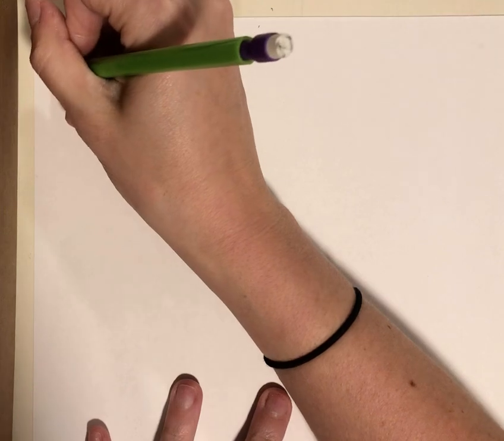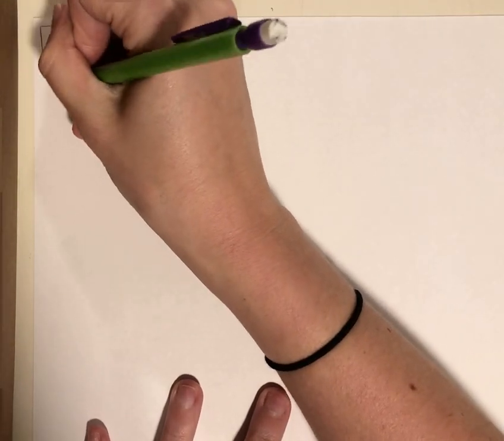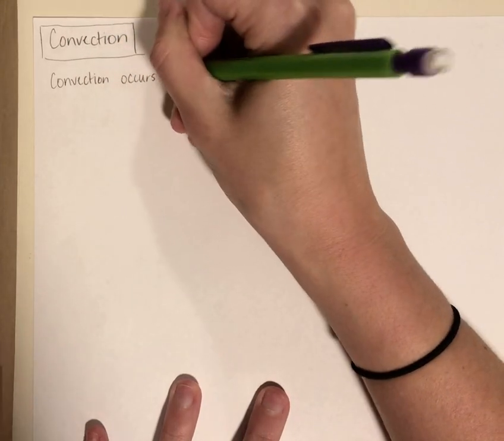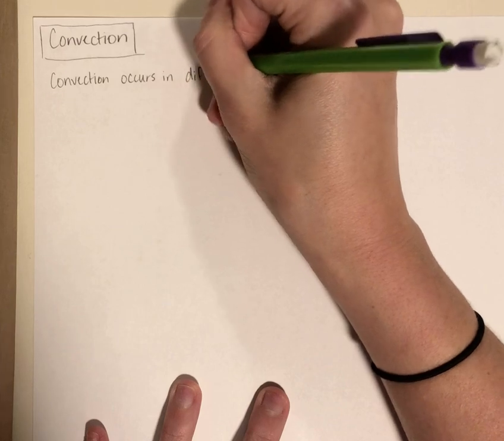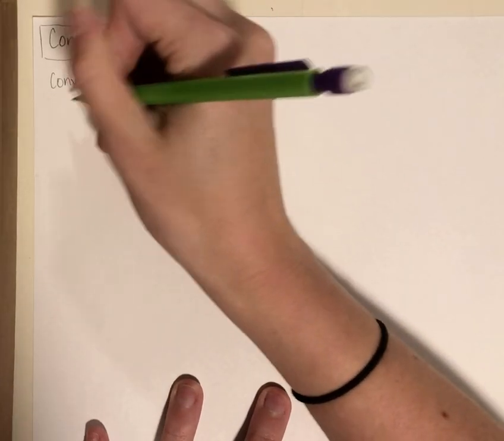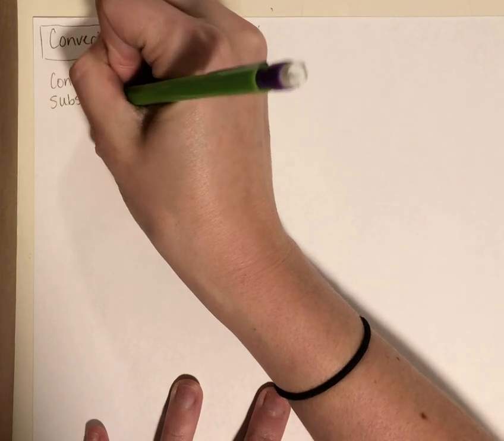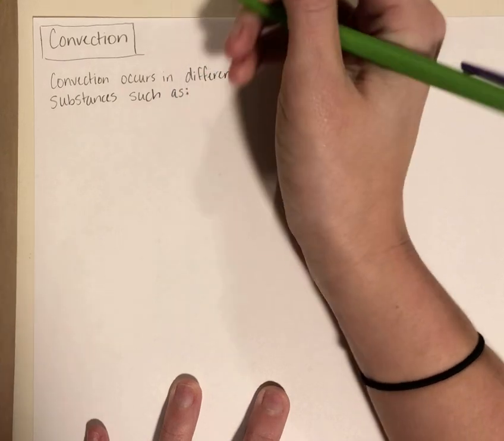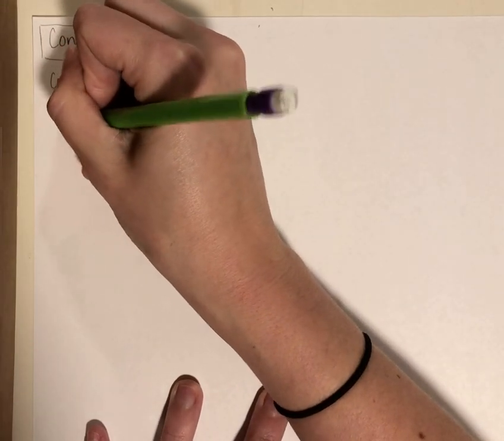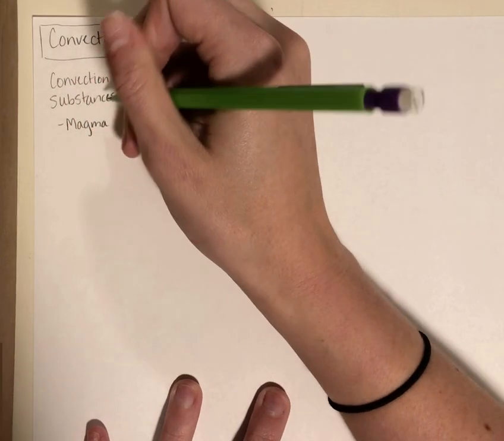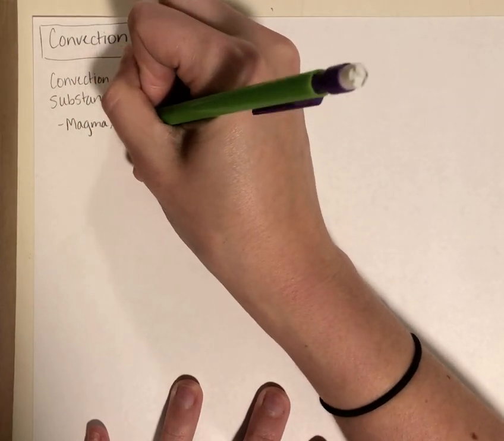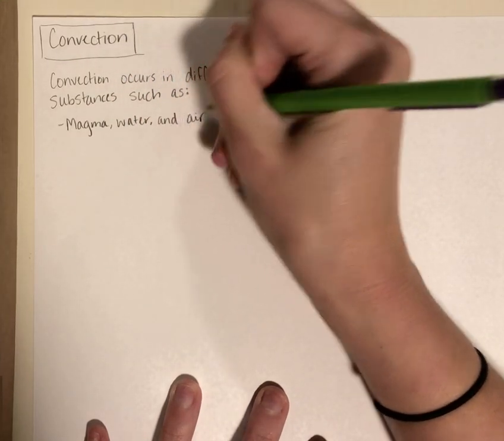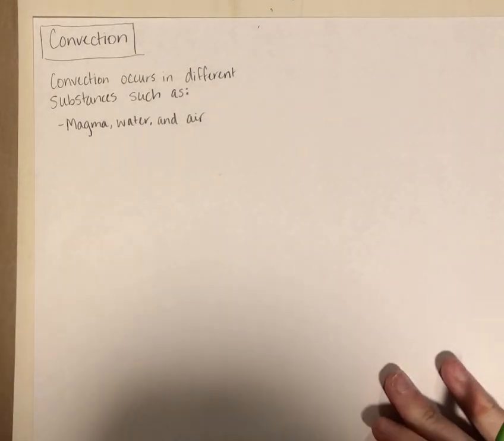So convection can occur in different substances, such as, okay, so we talked about it in magma, but it can also occur in water and air.